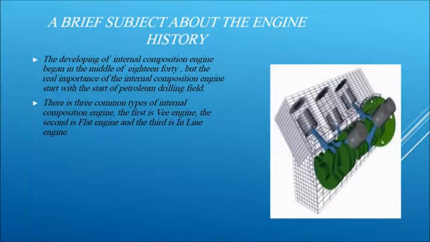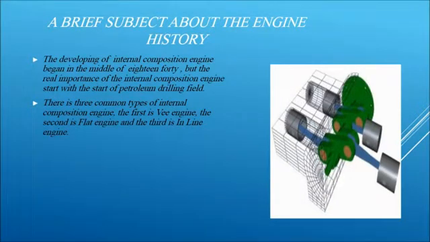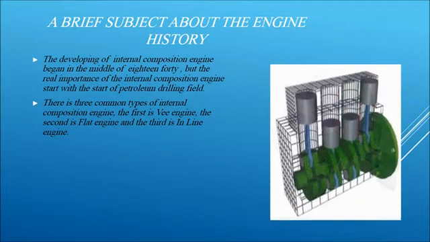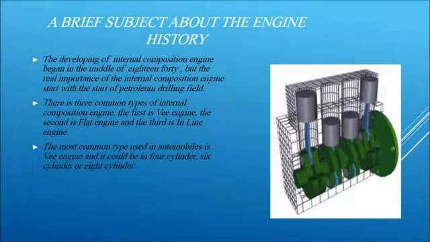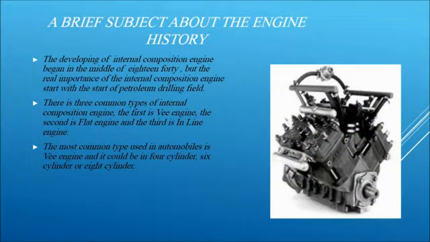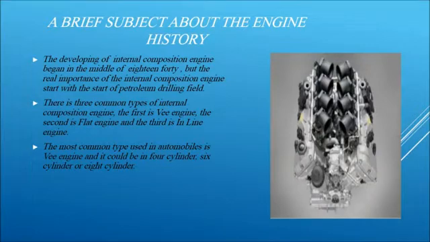The first is the V engine, the second is the flat engine, and the third is the inline engine. The most common type used in automobiles is the V engine, and it could be 4-cylinder, 6-cylinder, or 8-cylinder.